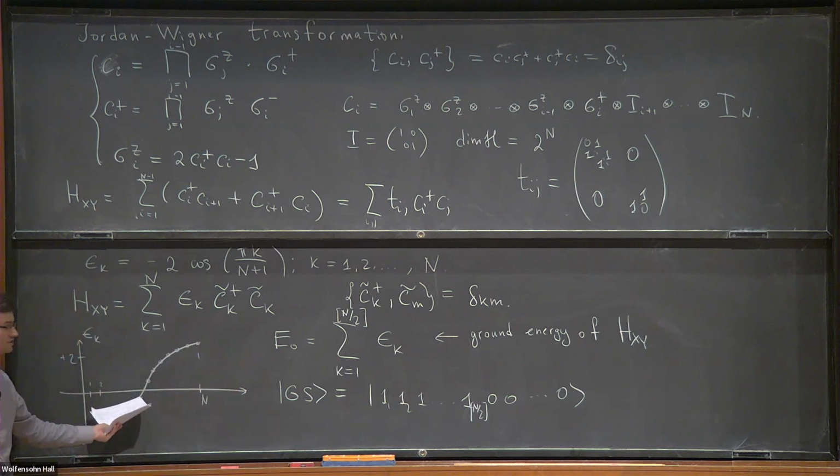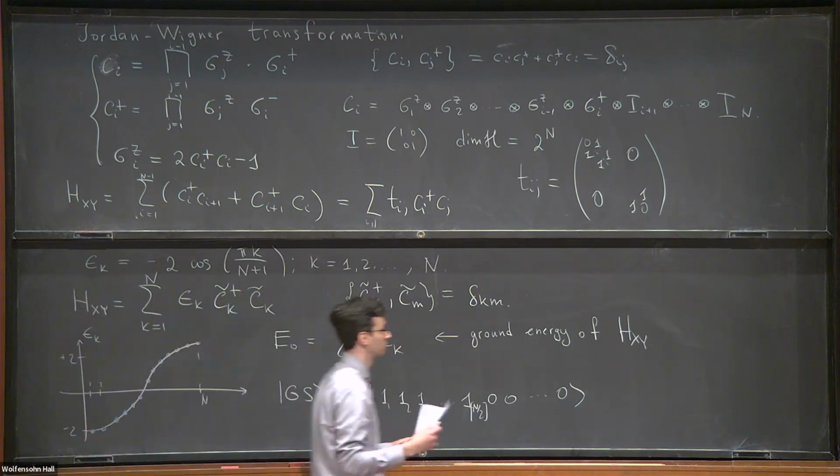If you can add some negative energy, you will make it smaller. For example, the state which is all zeros will have energy 0, but that won't be the ground state. The first excited state would be just removing one.